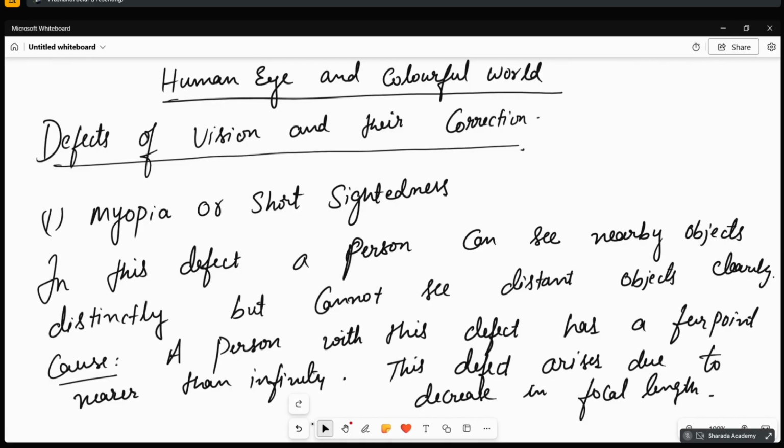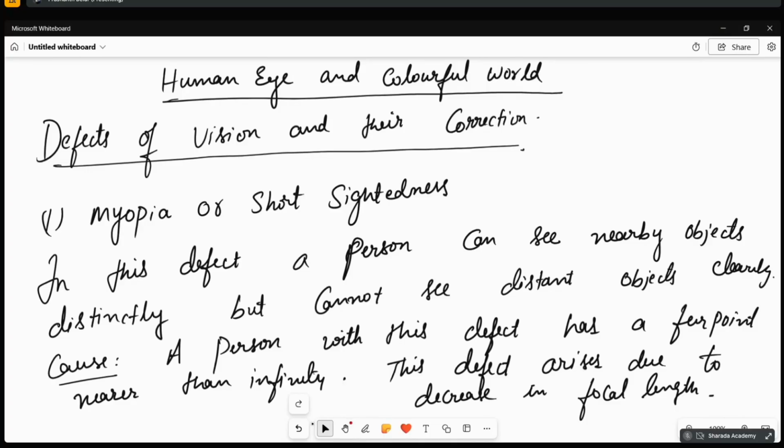Okay, this is done. Don't make mistakes in writing decrease and increase. You have to write it properly; that is the key thing in this. So myopia means short-sightedness.